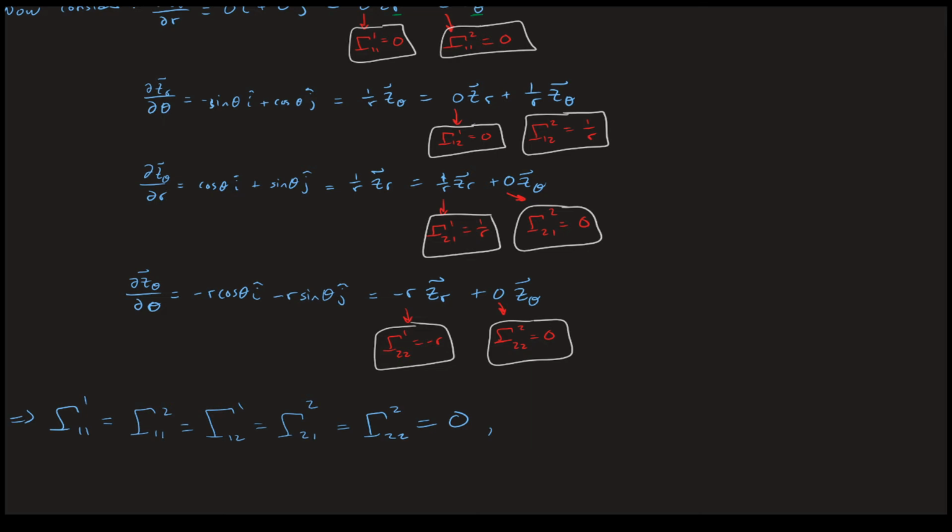And then gamma 1, 2, 2 up was 1 over r. And that was also gamma 2, 1, 1 up.